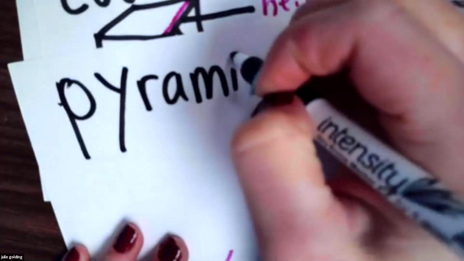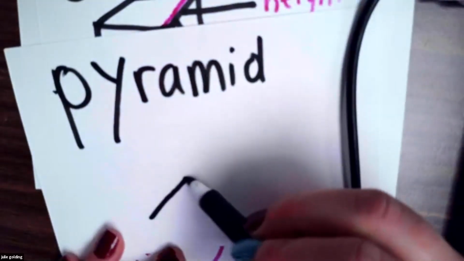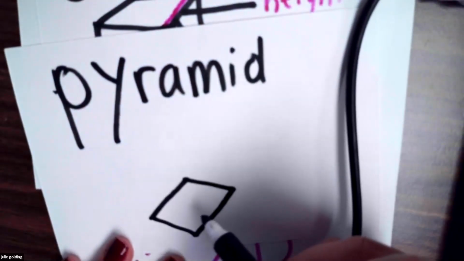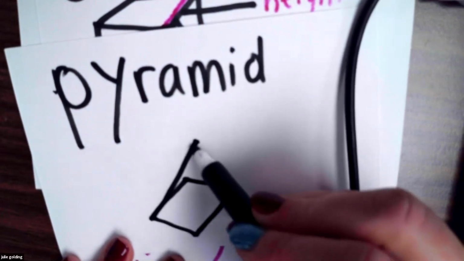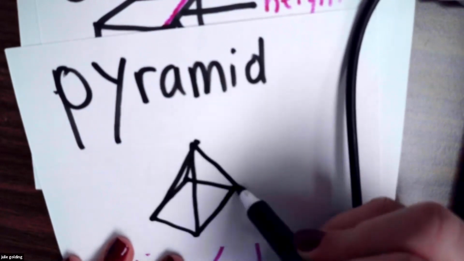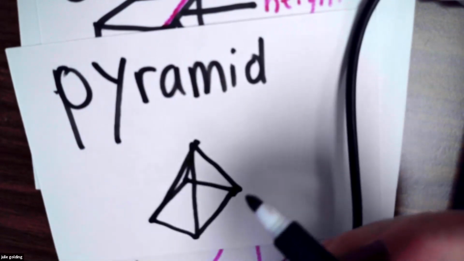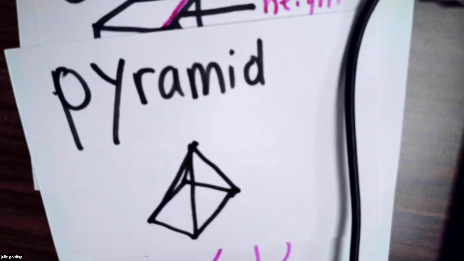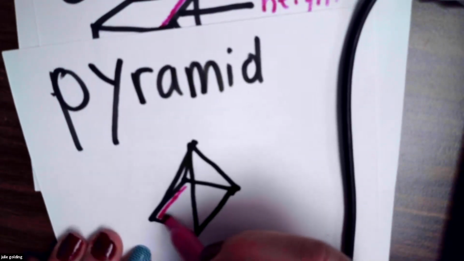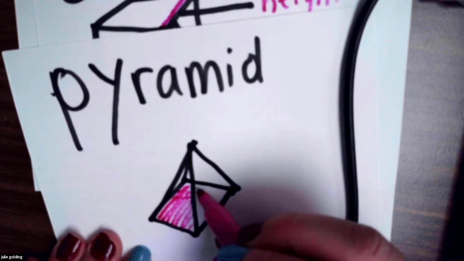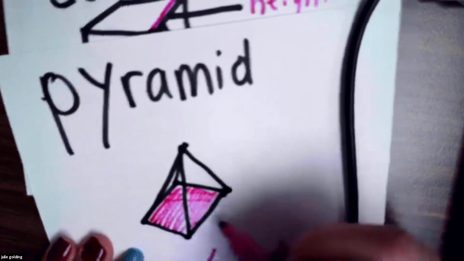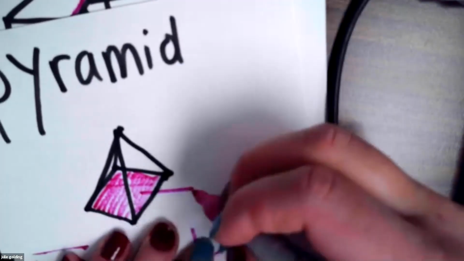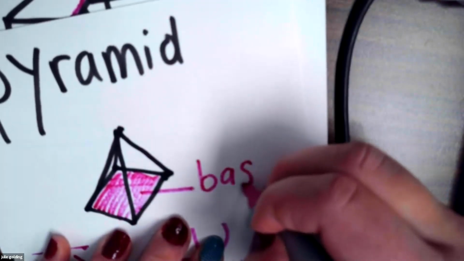It's also true for pyramids. A pyramid starts off with a square and they come up. This is a pyramid. So we need to find the base, which is the part that's on the ground. So this purple part is called the base.